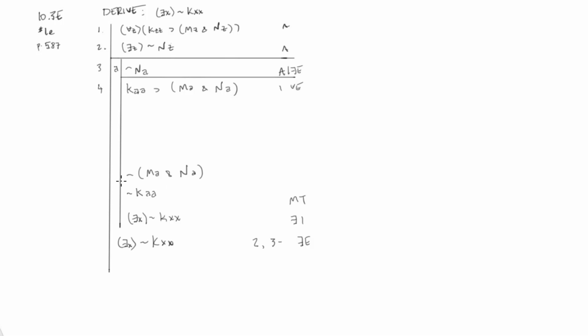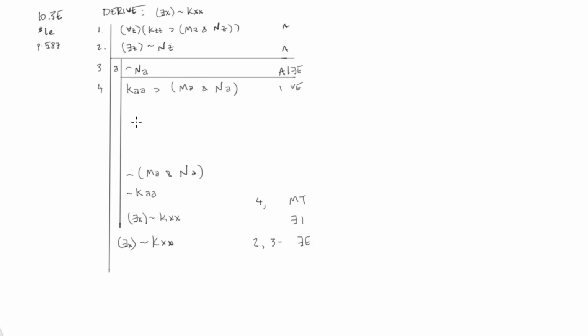Okay, so if we can get the negation of MA ampersand NA, which is the denial of the consequent of the conditional in line 4, modus tollens says, well, then you get to write down the negation of the antecedent of that conditional. Okay? So we will apply modus tollens to line 4 together with some other line number.